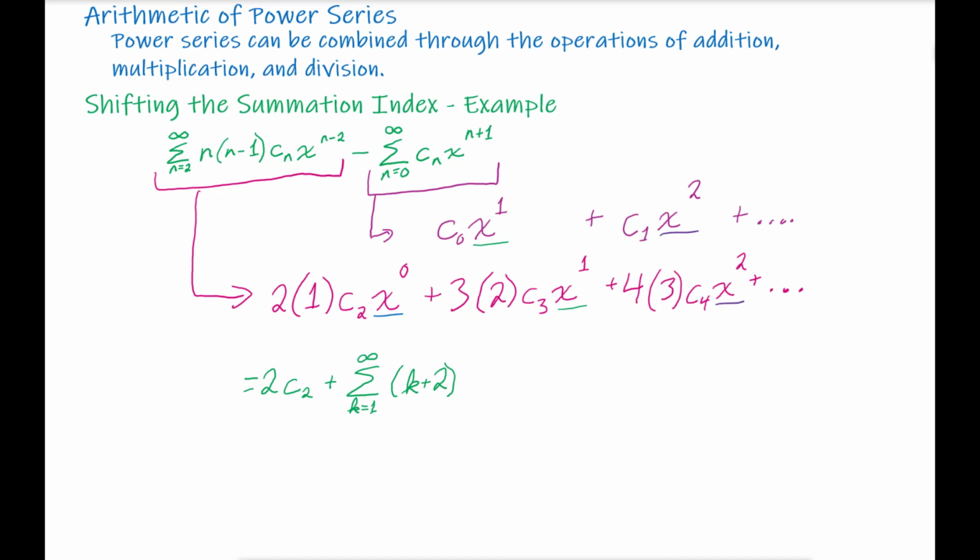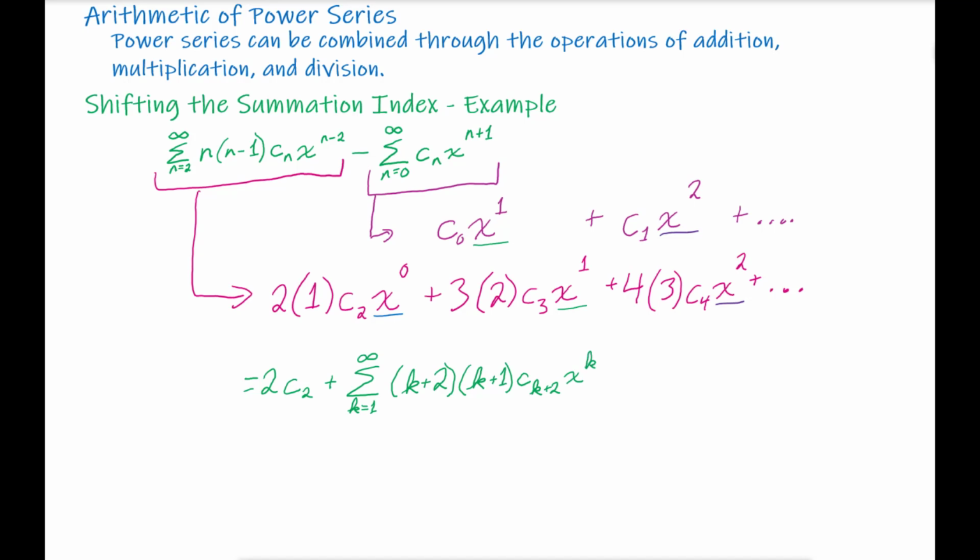And then 2 is 1 plus 1, so I want k plus 1 to be multiplying times that as well. c sub 3 is going to be c sub k plus 2. And then this is multiplied times x to the first, which I can rewrite as x to the k.